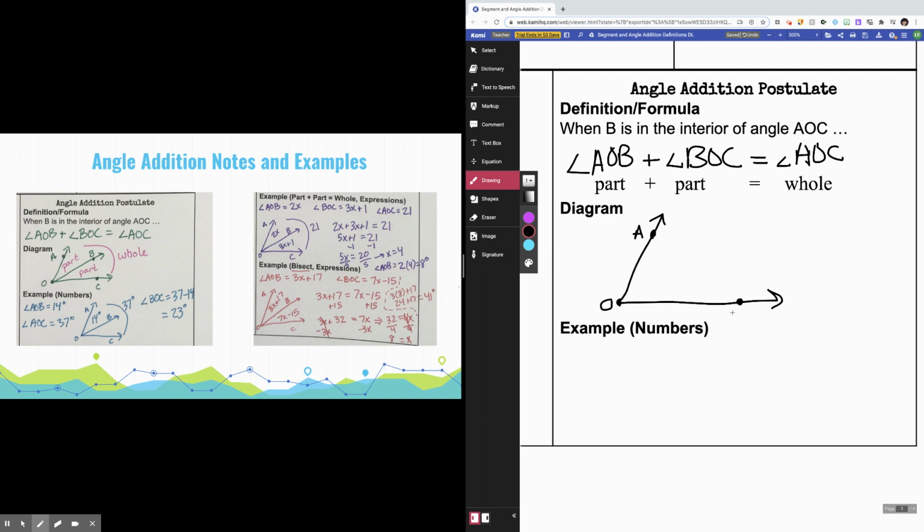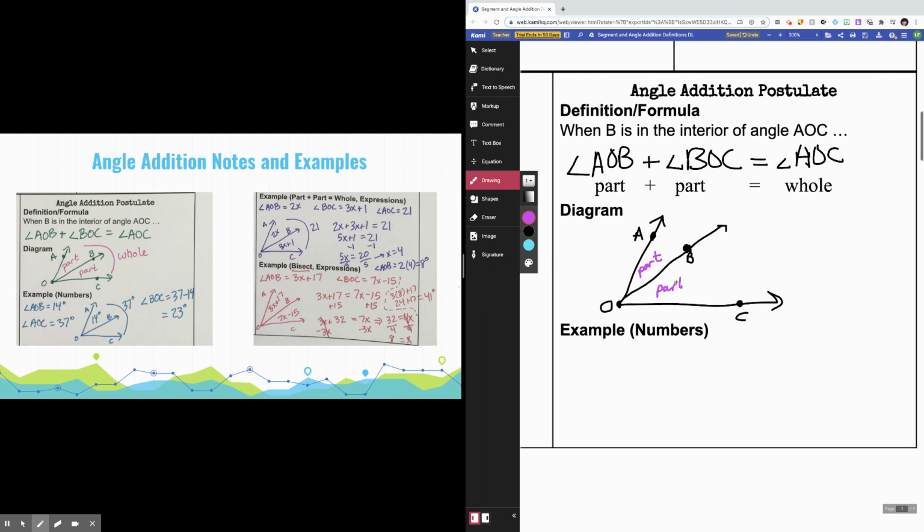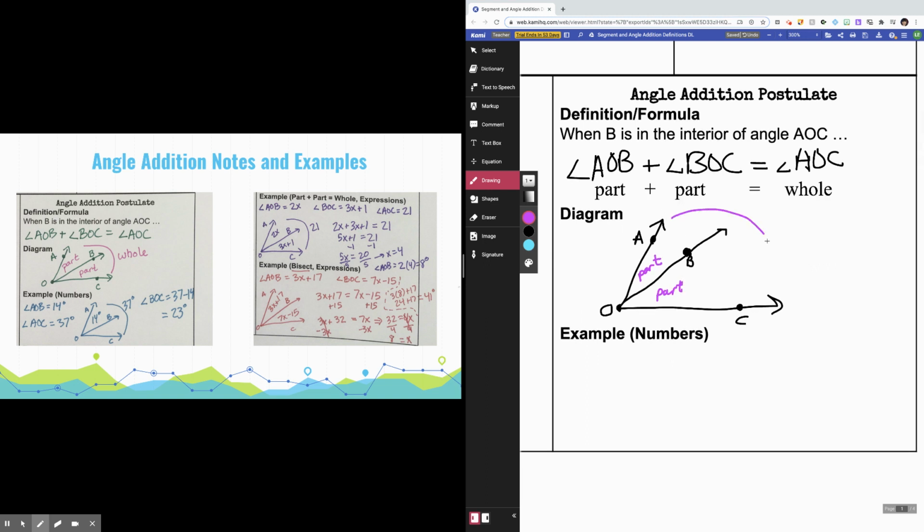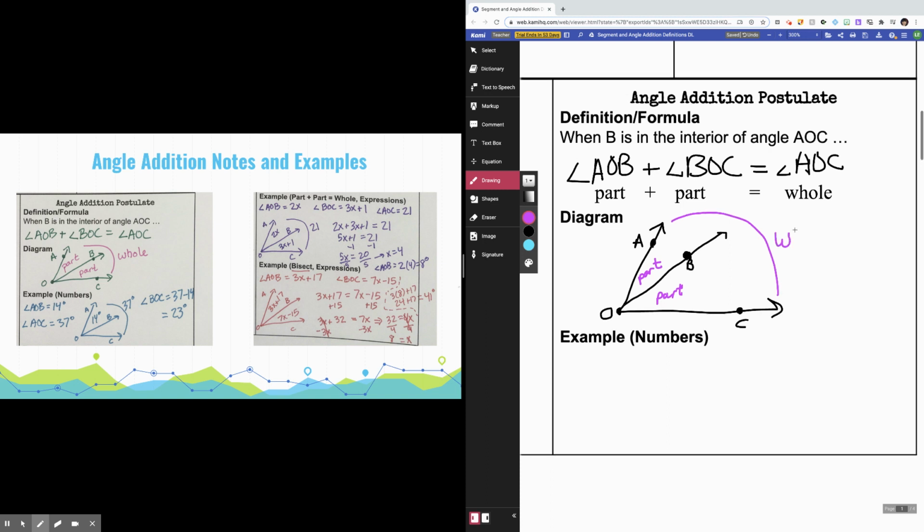Then they said B is somewhere in the interior, so I'm just going to put it kind of like that, B. And then I'm going to connect O to B right there. So in here, I have AOB, which is this part. Here's my second part, BOC. And when I add those together, it has to equal this whole thing out here.